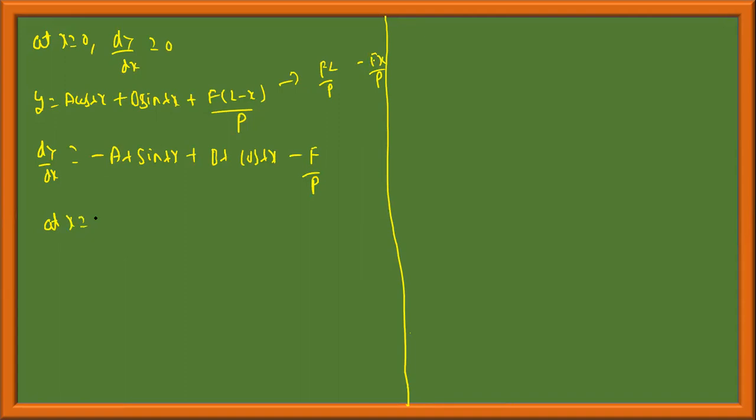At x is equal to 0, dy by dx is equal to 0.